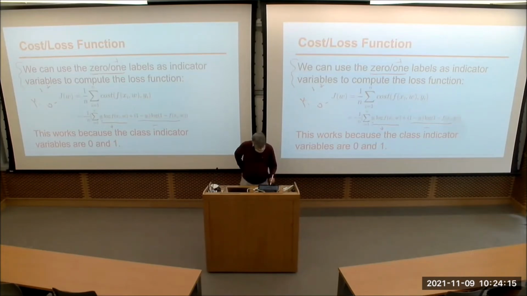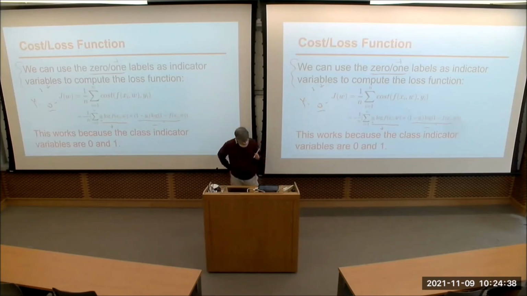On the positive example, we're only going to pay the positive cost. On a negative example, y of i was equal to 0: 0 times the positive cost plus 1 minus 0, or 1, times the negative cost. We will pay the negative cost on the other example.